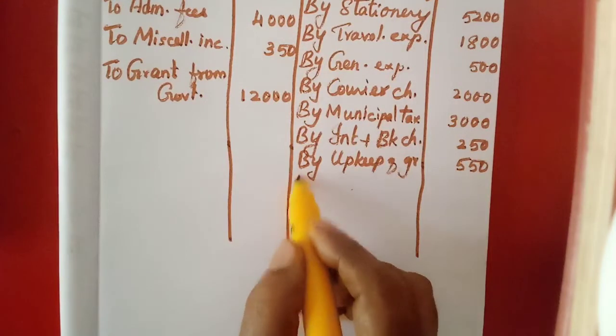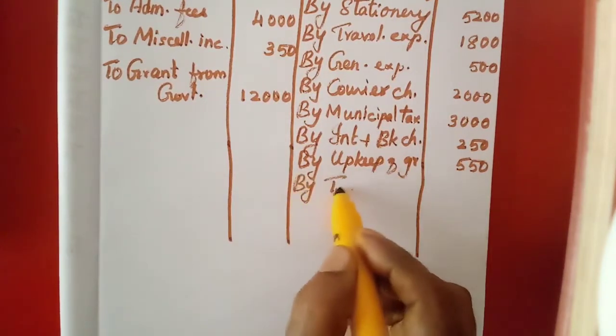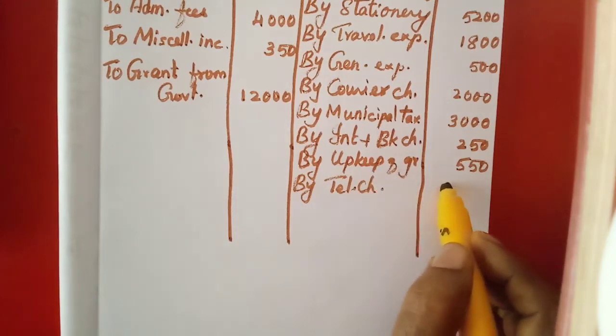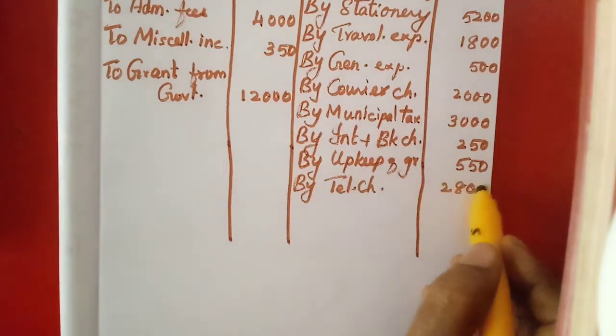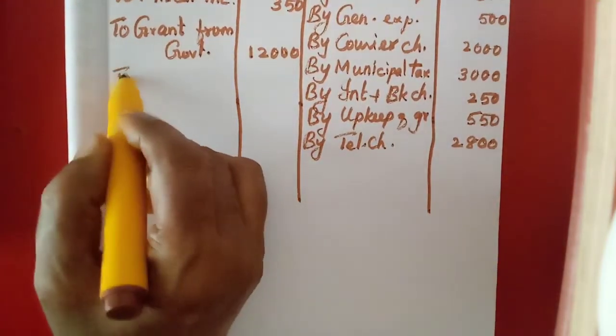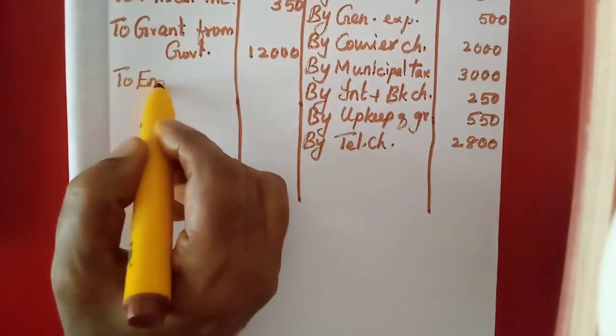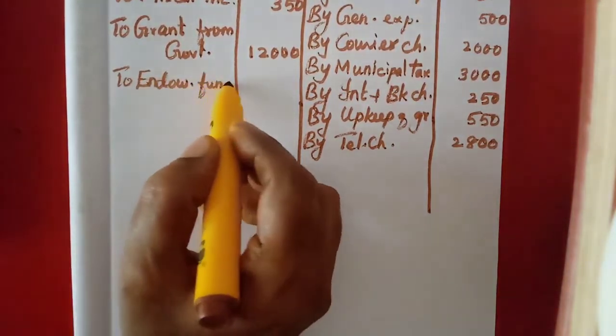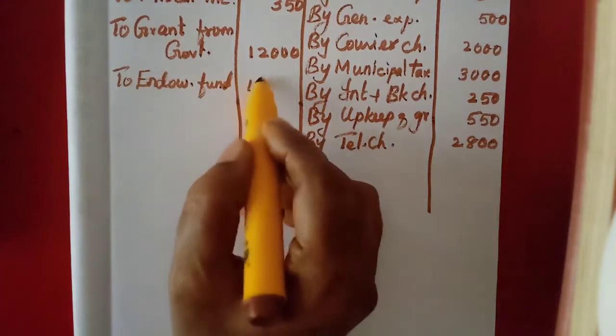Telephone charges paid, $2,800. Endowment fund receipt, 10,000.